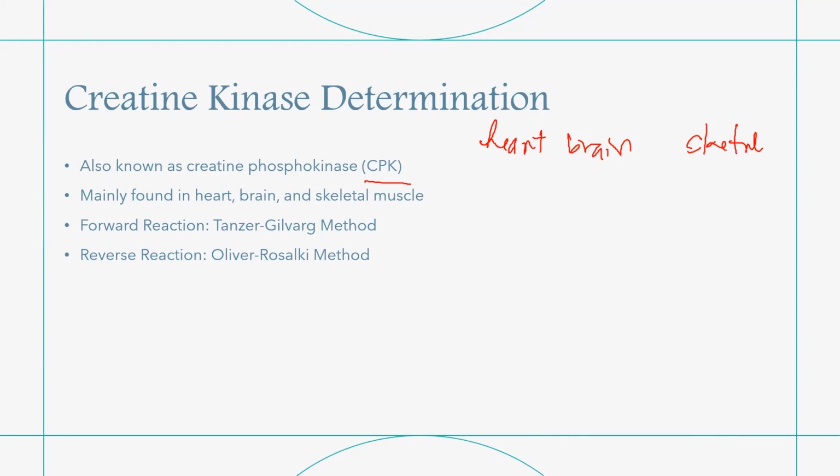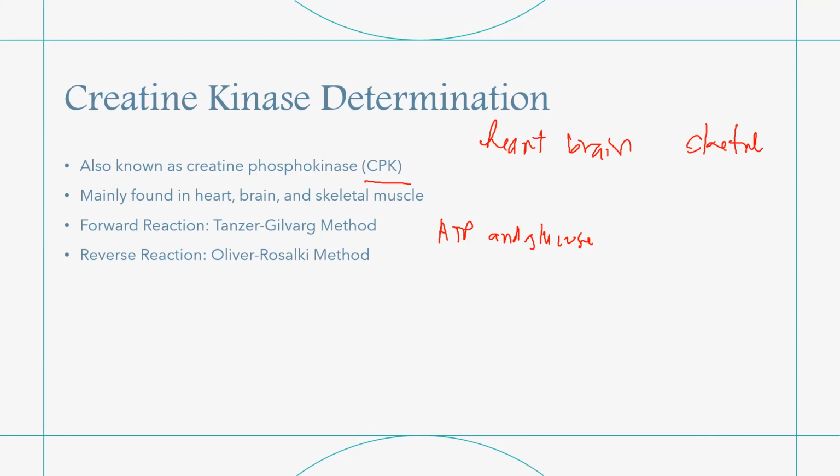Remember, guys, that creatine kinase catalyzes the reversible phosphorylation of creatine by ATP. The ATP and glucose are converted to ADP and glucose 6-phosphate by hexokinase.